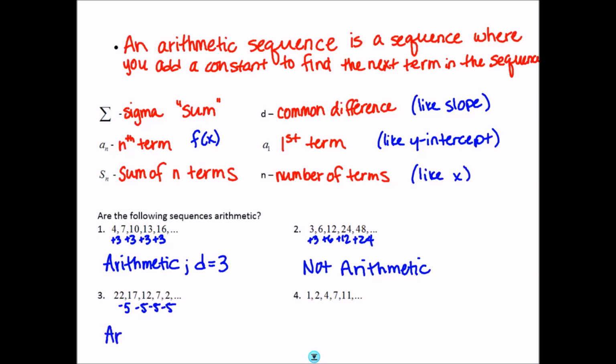So this is arithmetic, and D is -5. And the last example here, we add 1, add 2, add 3, add 4. We're not adding a constant, so this is not arithmetic either.